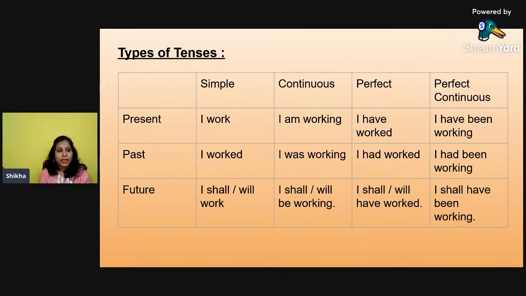In the same way we can categorize past tense as simple past, past continuous, past perfect, and past perfect continuous. And future tense into future simple, future continuous, future perfect, and future perfect continuous.